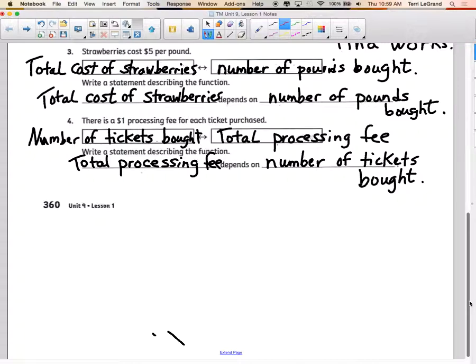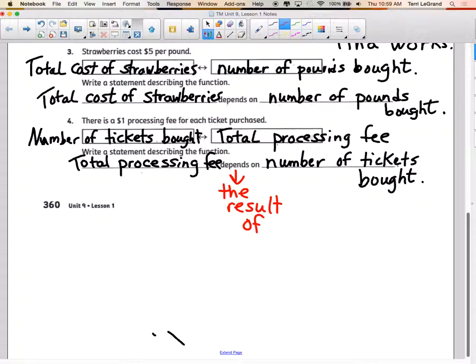The total processing fee depends on, it is the result of, would you do this? The total processing fee is the result of how many tickets you buy. The result should come after the equal sign.